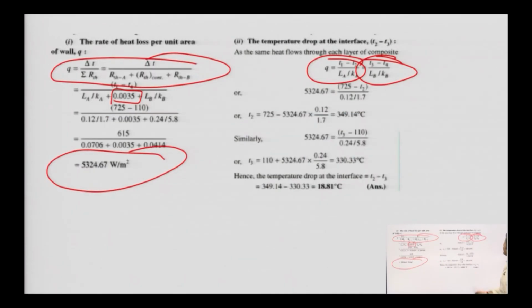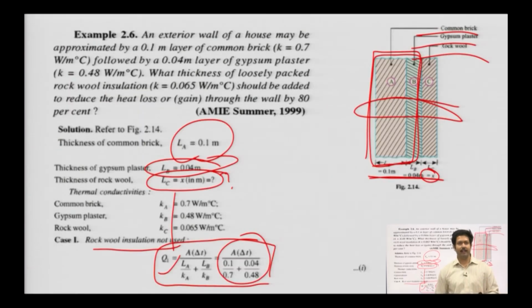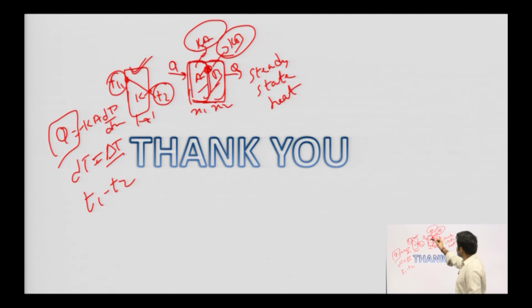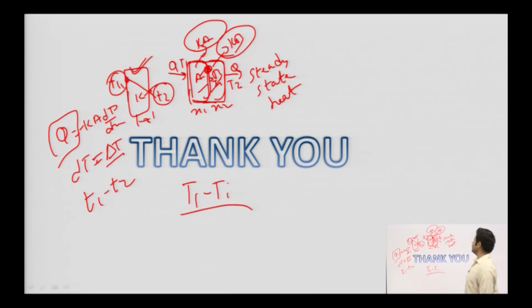So for the interface temperature, these two heats of the single elements will be equated together. If this is Q, with T1, T2 and Ti, the intermediate temperature, it will be T1 minus Ti divided by xa by Ka A, and these two things will be equated.